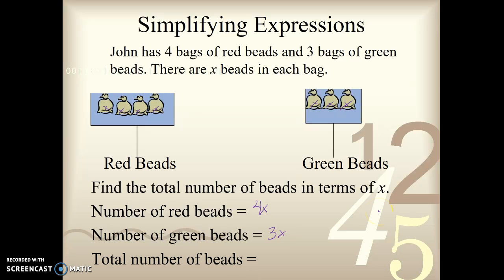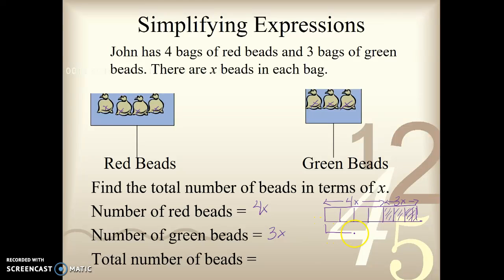Now, if we want the total number of beads, well, let's draw a model here. Let's pretend this model represents our beads. So we've got 1, 2, 3, 4 bags of x beads. And then we've got 1, 2, 3 bags, and I'm going to shade those because they're the different bags of x beads.